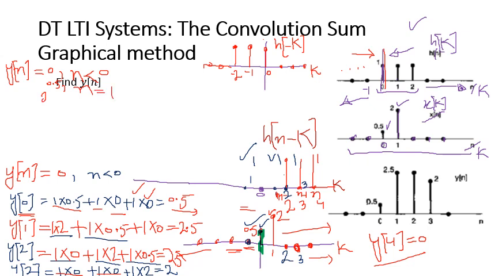It is equal to 2.5 when n equals 2. It is equal to again 2.5 for n equals 3. Is it 3? No, sorry, when n is less than 0, it is 0. Okay, I made a mistake here, so let me clear it.